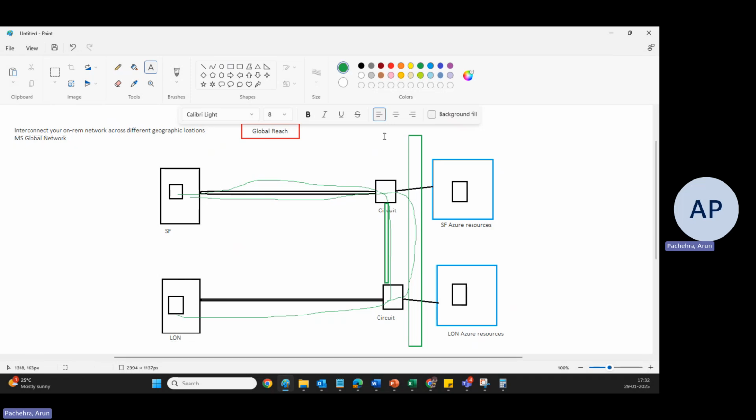Now, if we take another example, just for the sake of understanding, let's consider a scenario where your primary service provider operates mainly in the United States and has interconnected all your US branches. However, this provider doesn't operate in regions like Japan or Hong Kong.